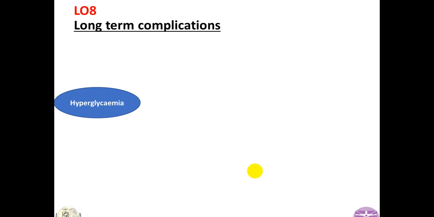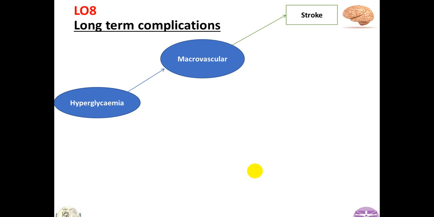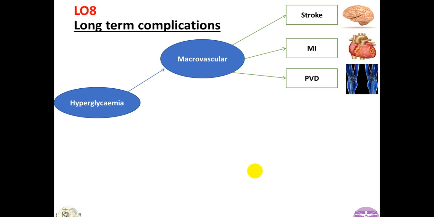In general, we divide these complications into macrovascular, which means complications due to disease of the large blood vessels, and this includes stroke or cerebrovascular accident of the brain, myocardial infarction in the heart, peripheral vascular disease with amputation, and we have microvascular, which is small blood vessels disease.